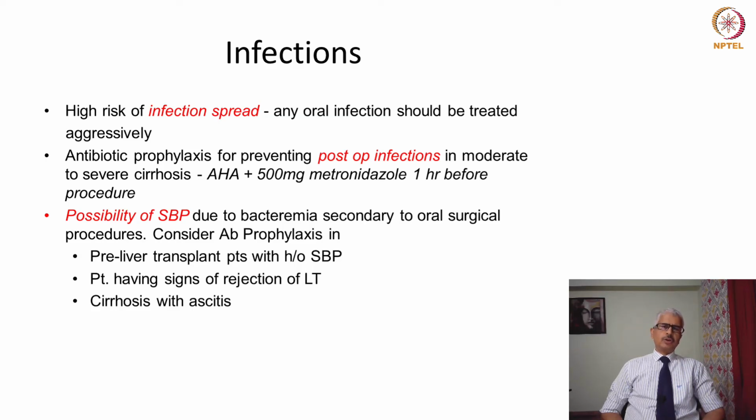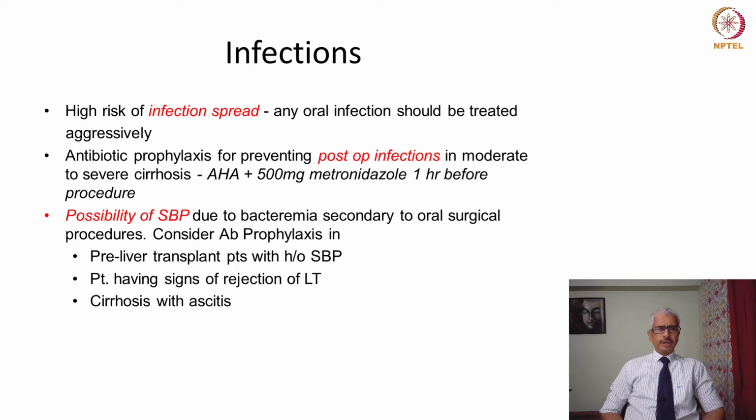Now, because of their increased susceptibility to infection, these patients have a high possibility of spontaneous bacterial peritonitis due to bacteremia, and this can be secondary to oral surgical procedures, or any oral procedures that are invasive.